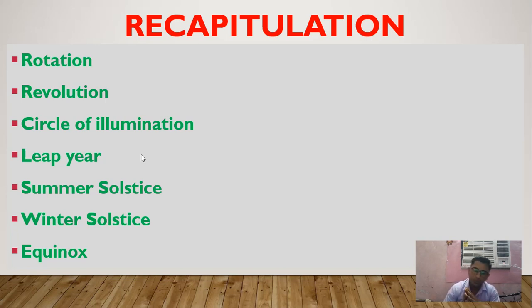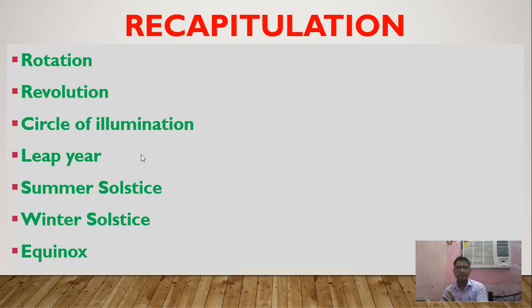And winter solstice is the opposite situation as compared to summer solstice. According to the winter solstice, southern hemisphere of earth is tilted toward the sun and southern hemisphere is experiencing summer during December month, and northern hemisphere is far from the sun and is experiencing winter.